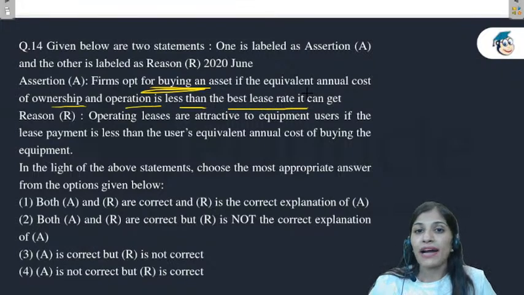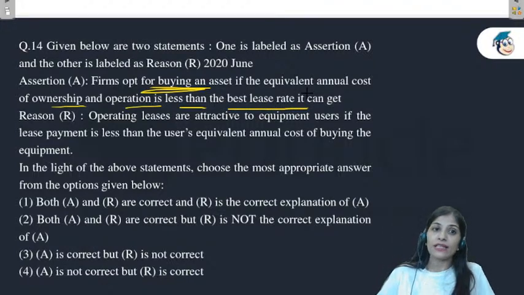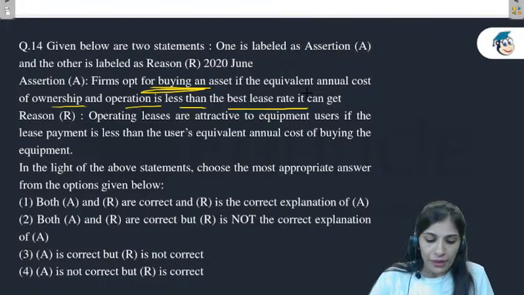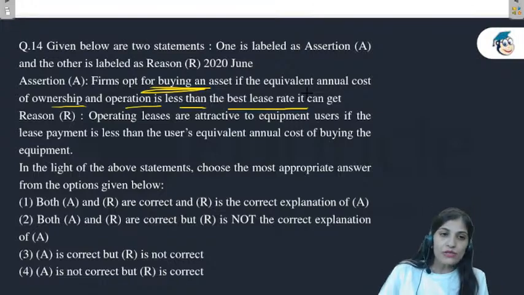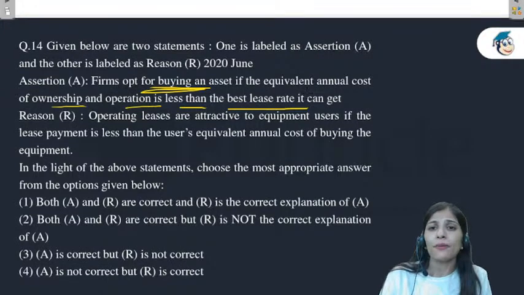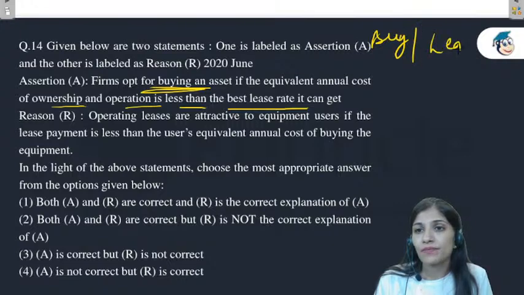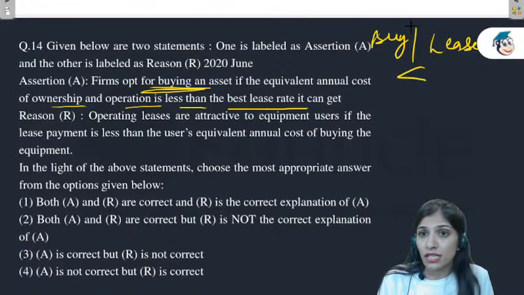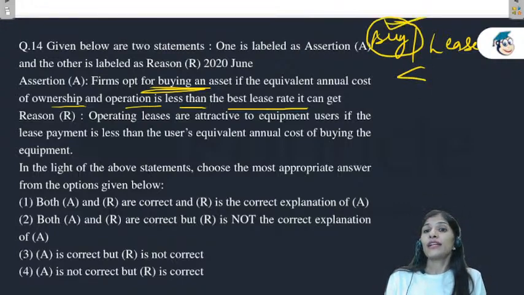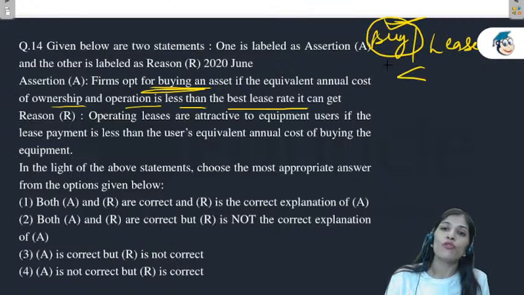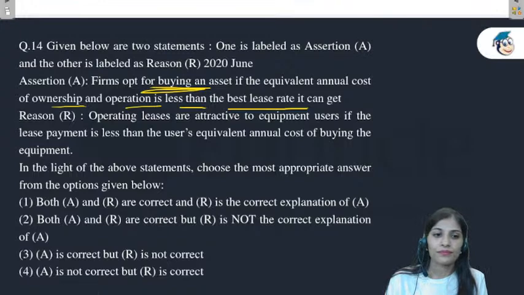So if the buying cost is lesser than the lease rate, the firms will opt for buying. Yes, it is right. If I'm getting a cheaper rate on buying the product, I'll go for the buying option, right? So this is correct.